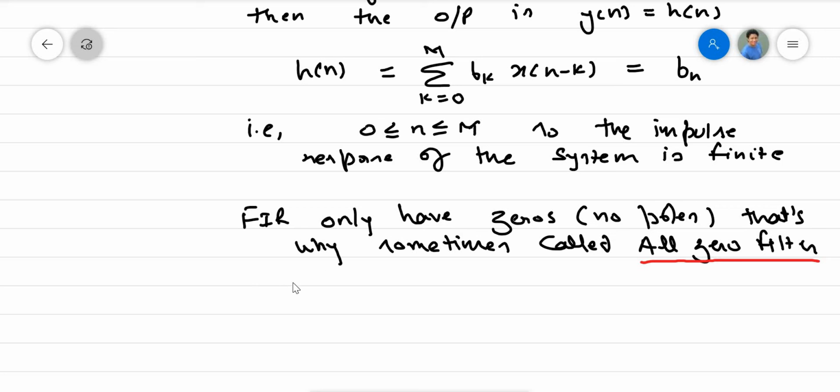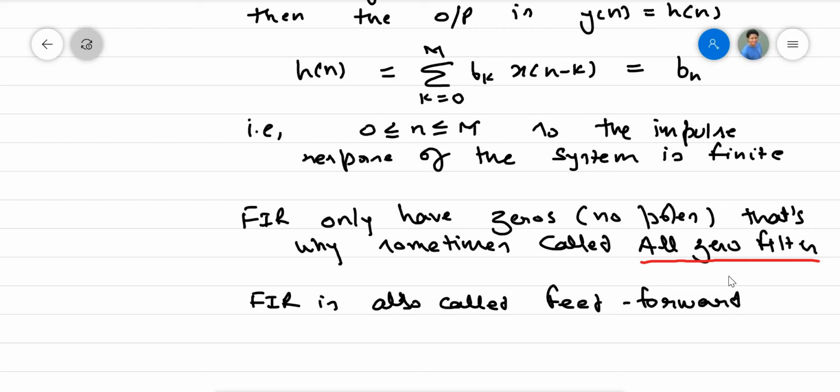One can see FIR does not have any kind of feedback, so FIR is also called feed forward, non-recursive or transversal filters.